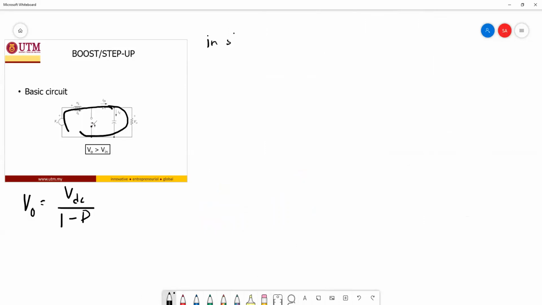In steady state, delta IL during on should equal the change of delta IL during off, meaning that delta IL on minus delta IL off should be equal to 0.